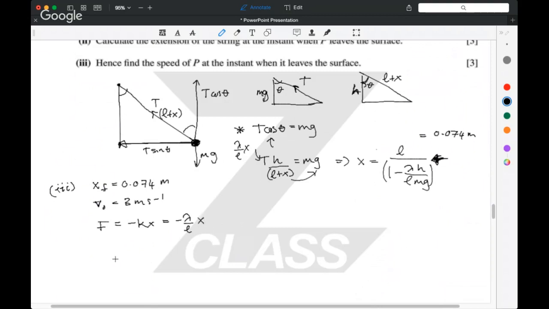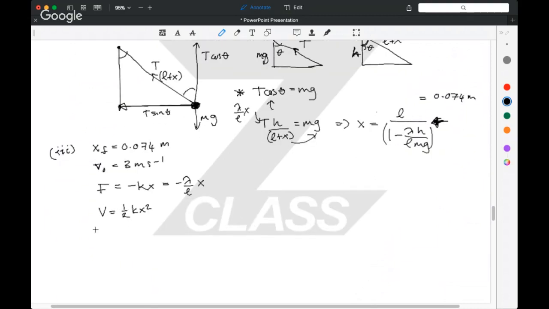And you remember that the elastic potential energy is given by V equals 1/2 kx squared. So this is a conservation of energy question, which is why it's much easier.